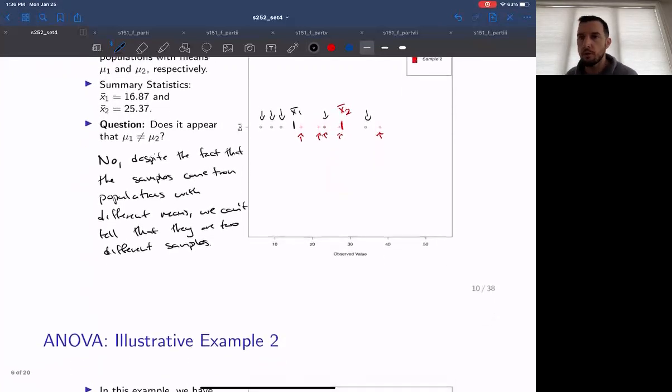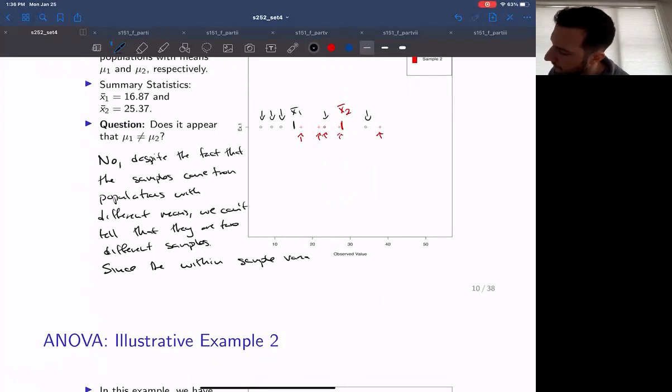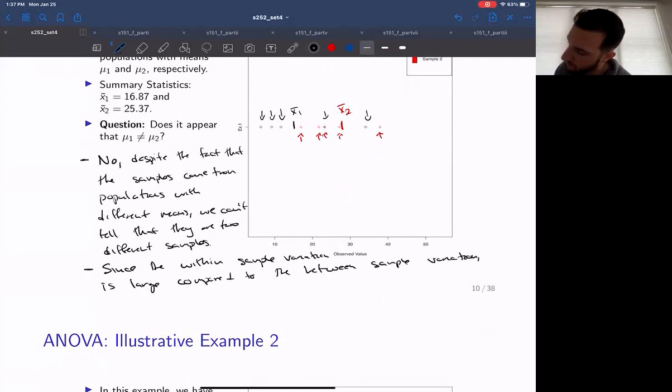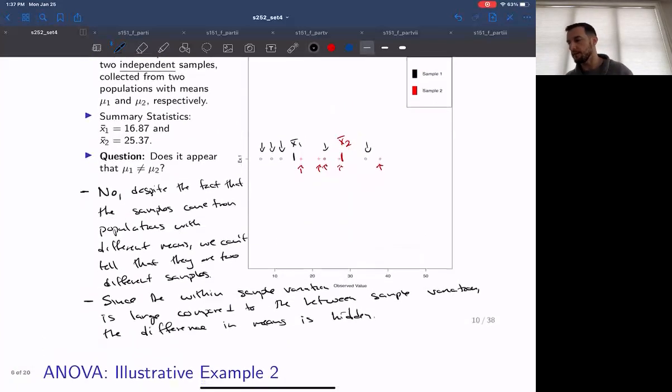So what we're showing here is that since the within sample variation is large compared to the between sample variation, the difference in means is hidden.